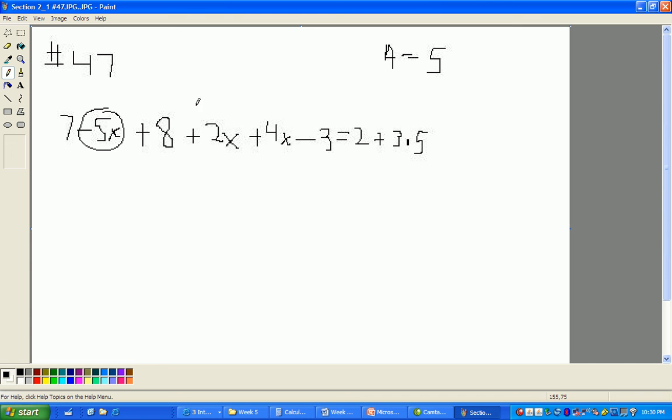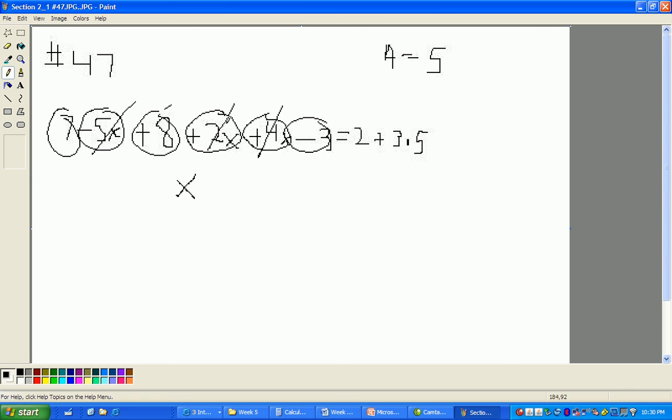Negative 5x plus 2x is negative 3x. Negative 3x plus 4x gives us just 1x. Now the x's are gone, we just did those. We're left with 7 plus 8 is 15, minus 3 is 12.